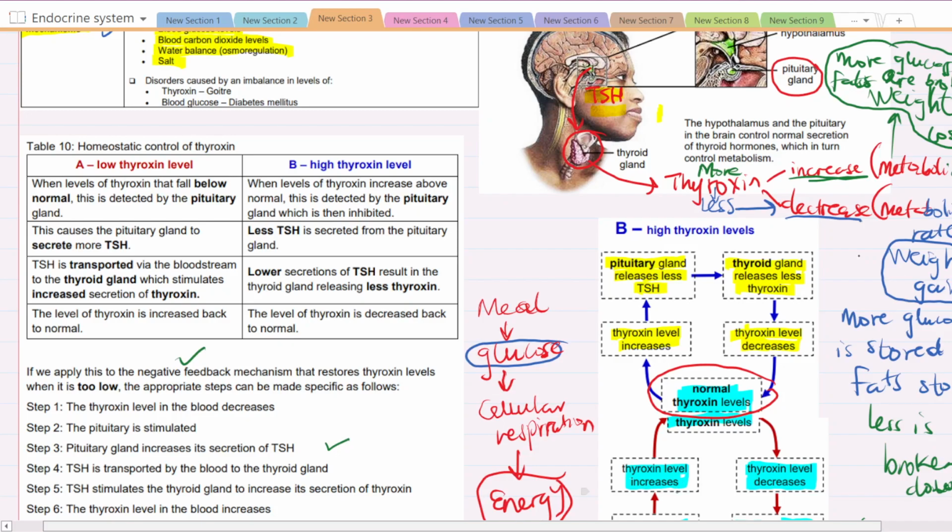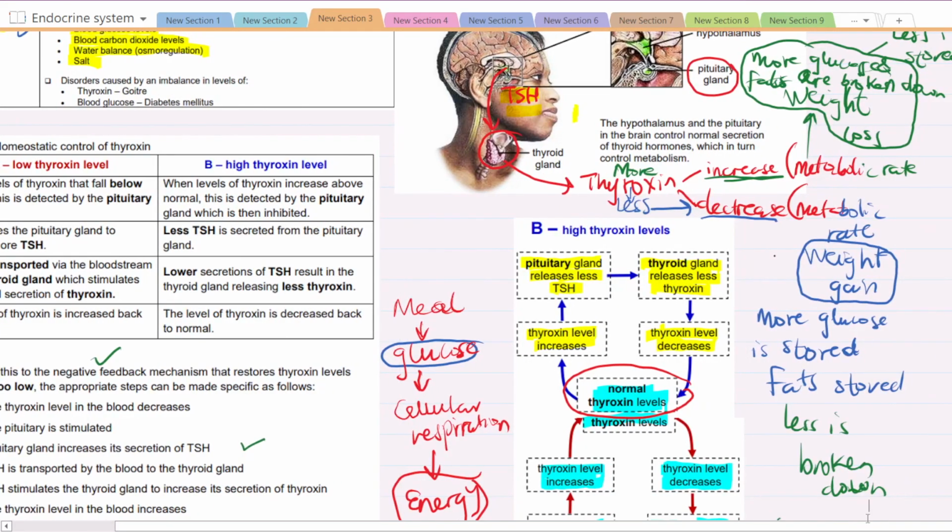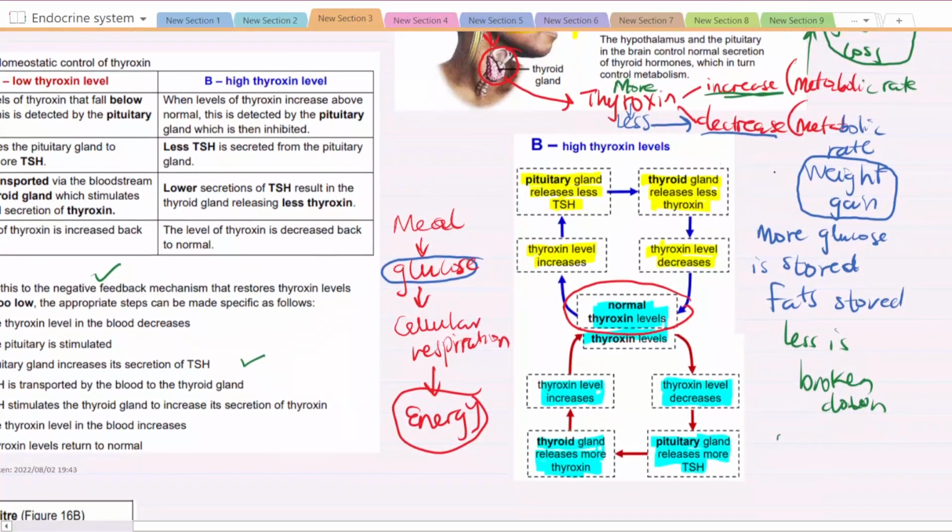So just try to remember how to explain, and also be able to explain how the normal levels of thyroxine hormone are maintained. When thyroxine level increases, the pituitary gland will release less TSH, causing the thyroid gland to release less thyroxine.